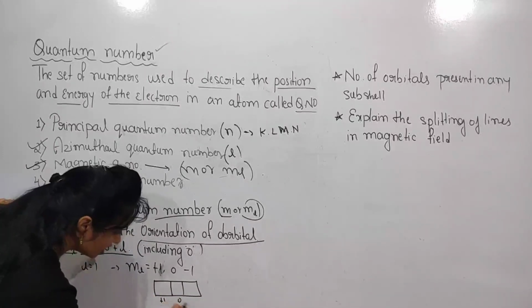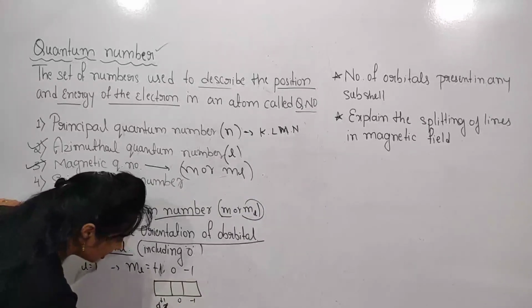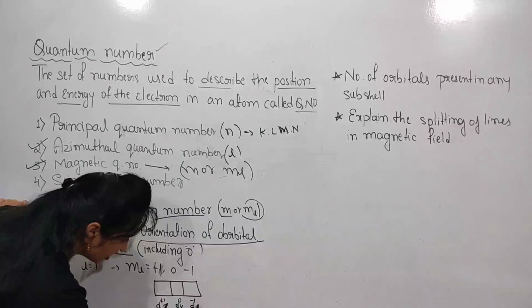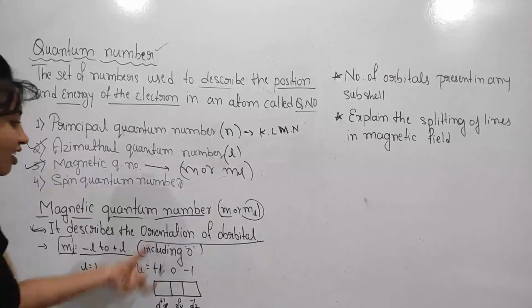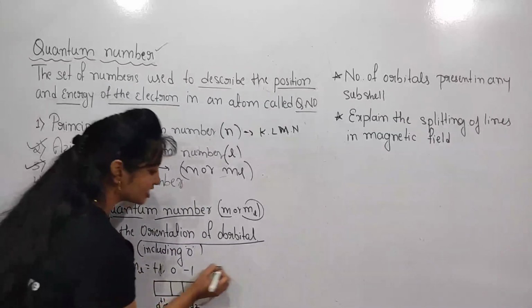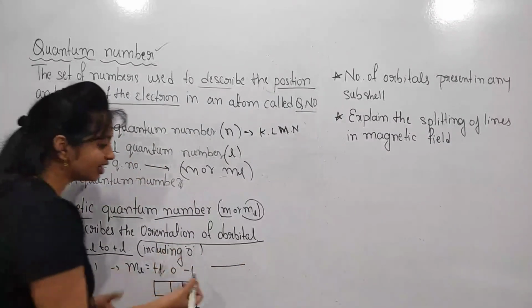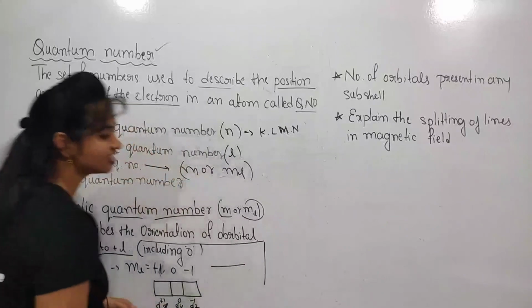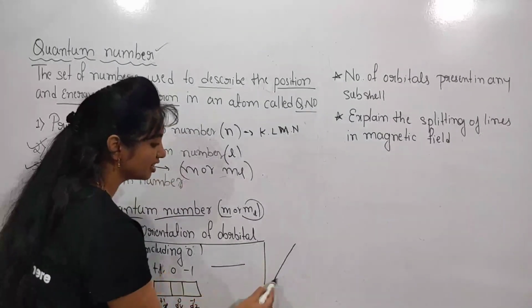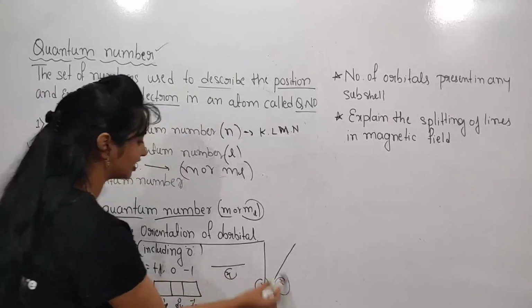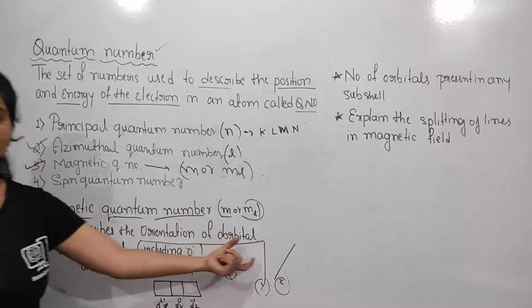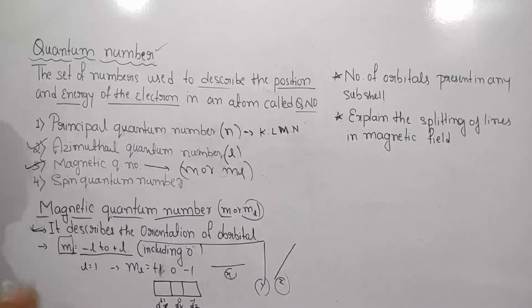Plus 1, 0, minus 1 means px, py, pz. So these are the differently oriented orbitals: one may be on the x-axis, one on the y-axis, one on the z-axis. So these are the different orientations of the orbitals, and it also tells the number of orbitals present in a subshell.